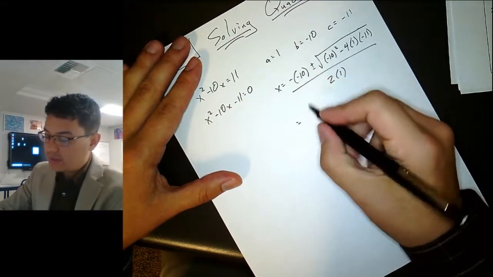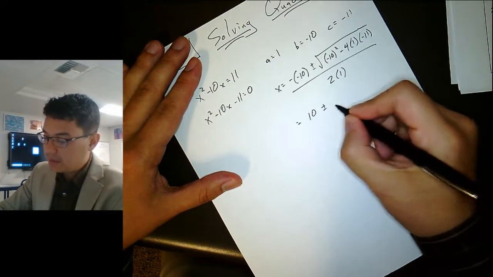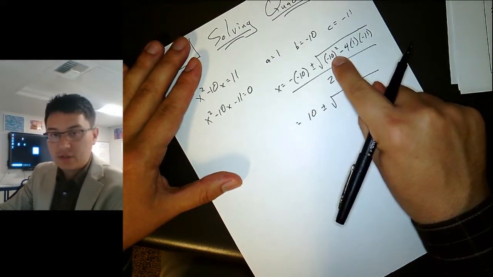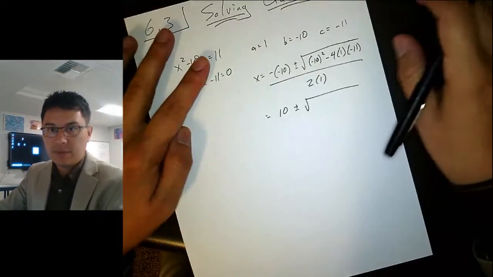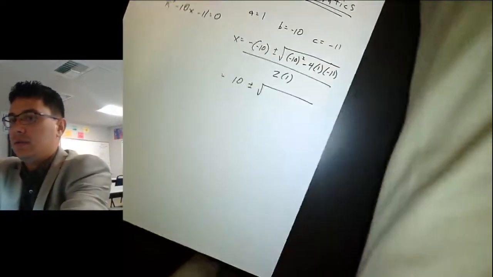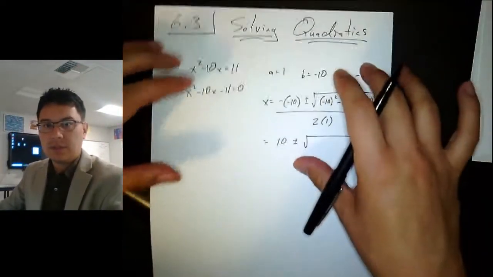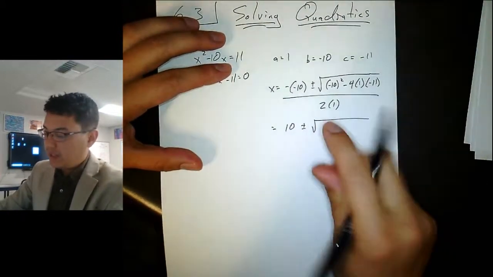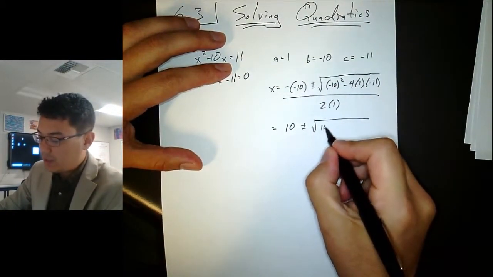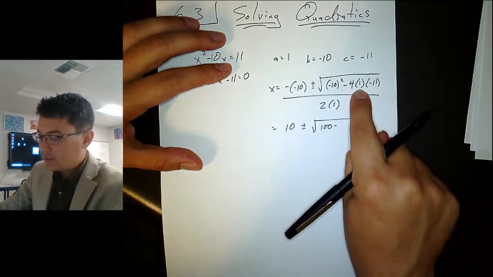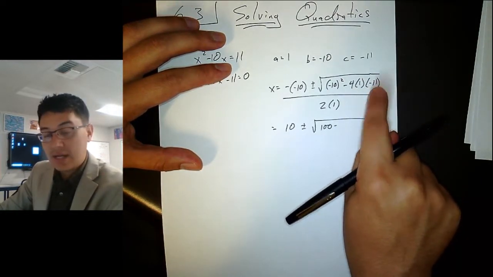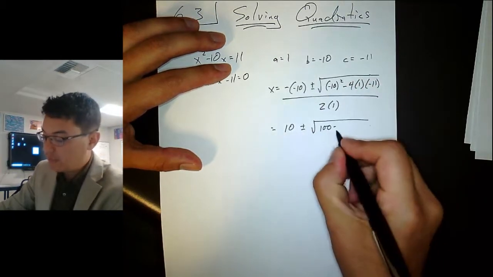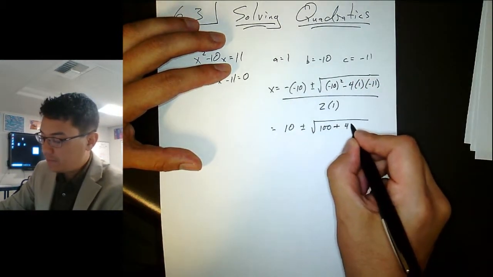Negative times negative is positive, plus or minus the square root. Negative 10 squared is 100. Let me rotate this so you guys can see it a little bit clearer while I'm filling this in. There we go, that's better. Okay, so where were we? Negative 10 squared is 100. 4 times 1 is 4. 4 times negative 11 is negative 44, times another negative is a positive 44.